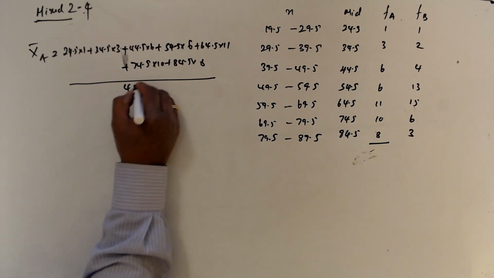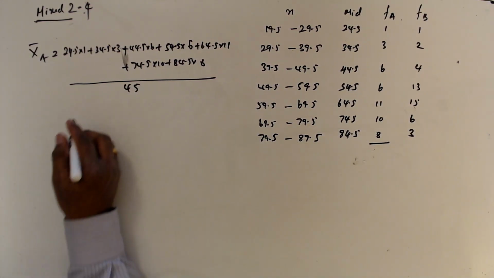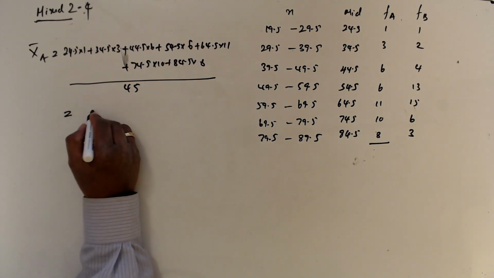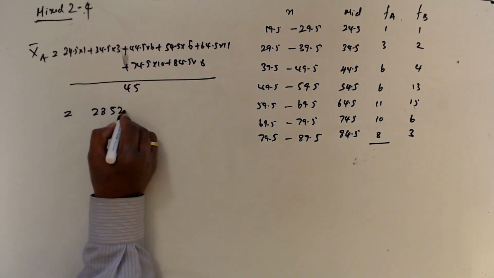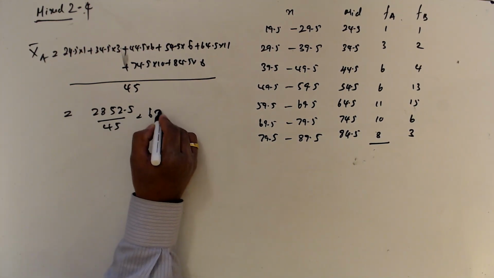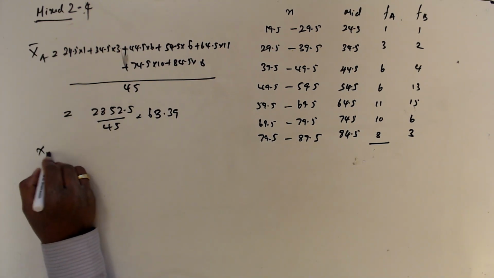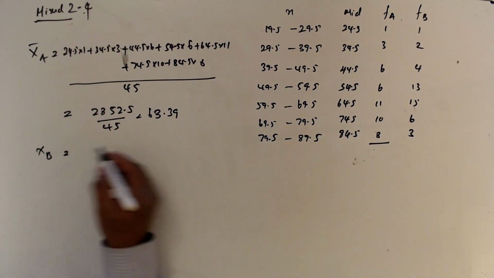So divide by 45. So the summation, the total is 45. This is going to be 63.39.